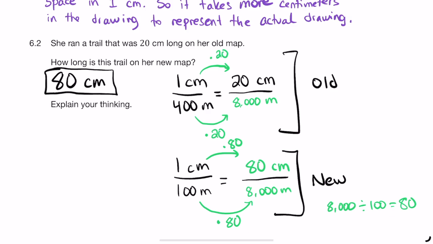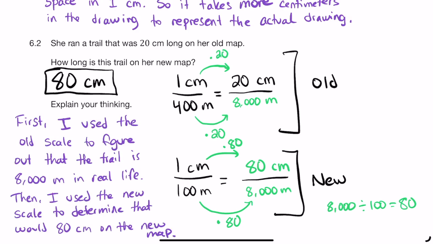Okay, and then in terms of explain your thinking, we have really good work here. So just to put it a little bit in words, first I use the old scale, 1 centimeter to 400 meters, to figure out that the trail is 8,000 meters in real life. Then I use the new scale, 1 centimeter is worth 100 meters, knowing that the actual distance was 8,000 meters.